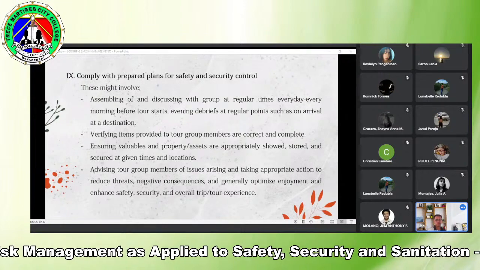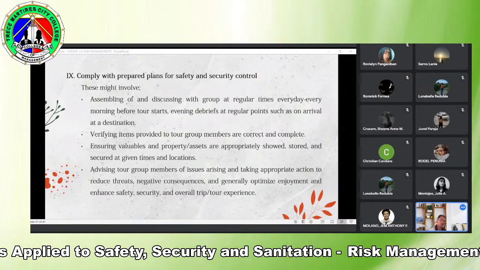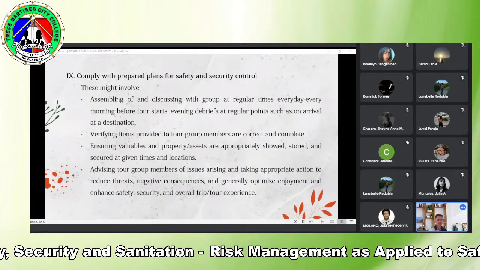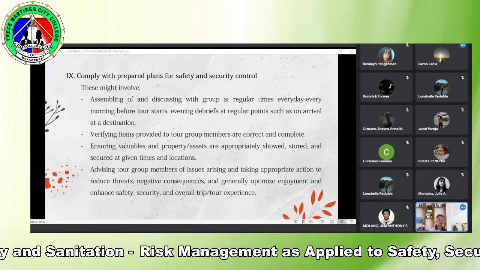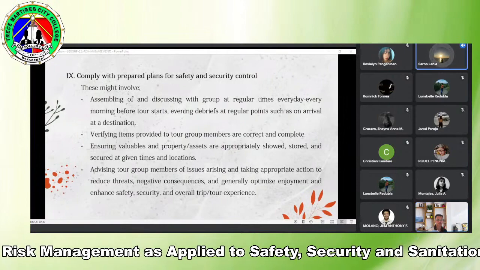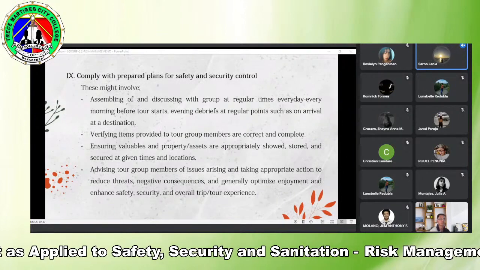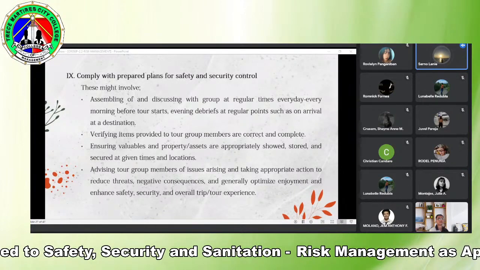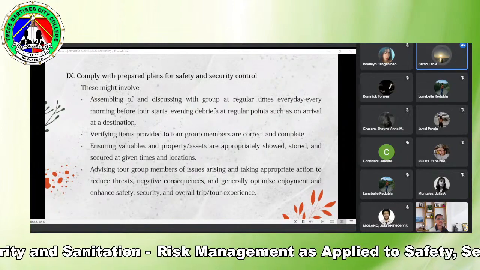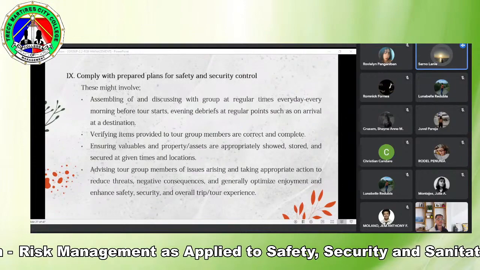Anyone from our guests and audience? Any idea? Try. Sige, you can try. Pag sinabi pong briefing, ito yung beginning po. Example po, nagbibigay po ng information sa isang bagay o nagbibigay po ng mga gagawin. And then pag sinabing debriefing po is end po or bale parang feedback po siya.